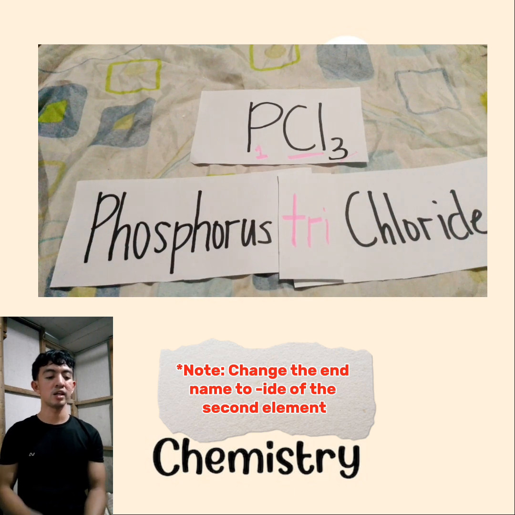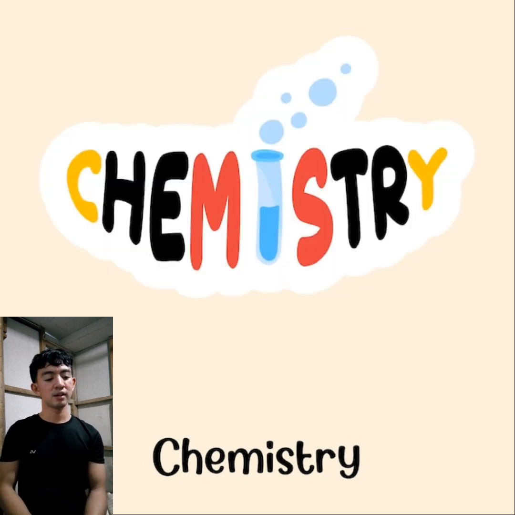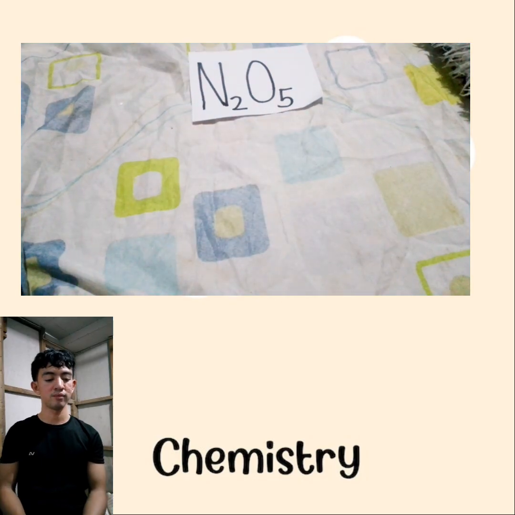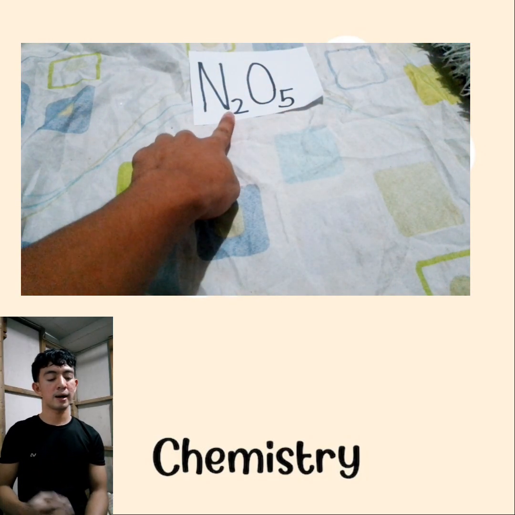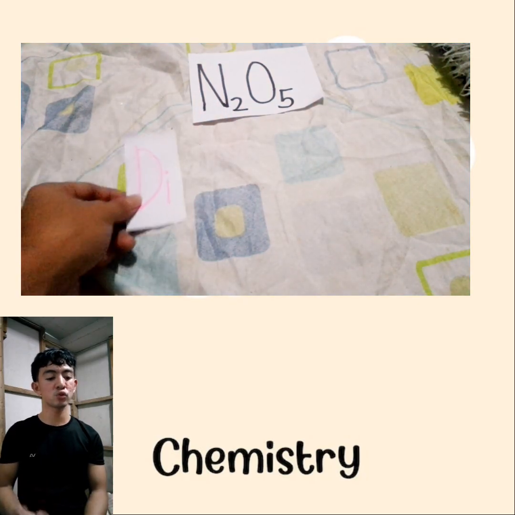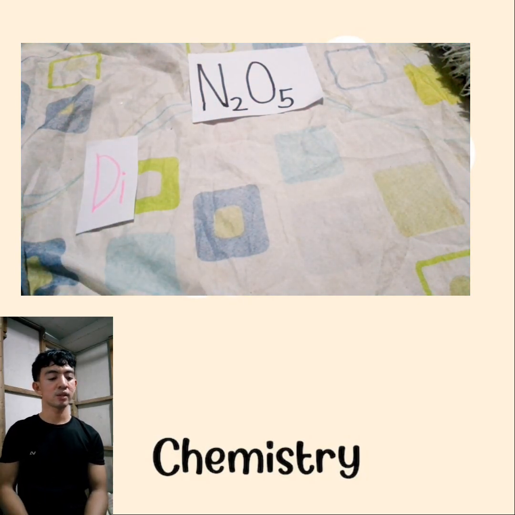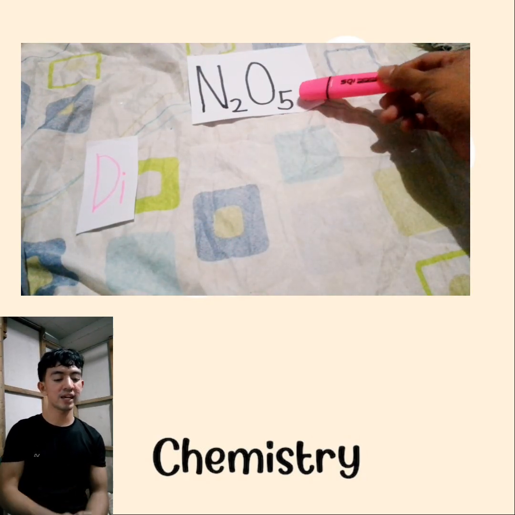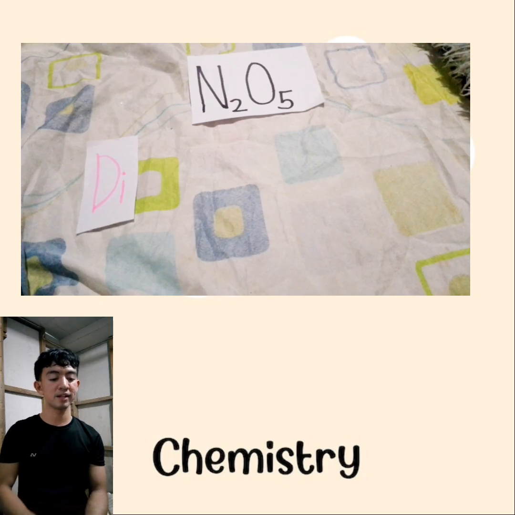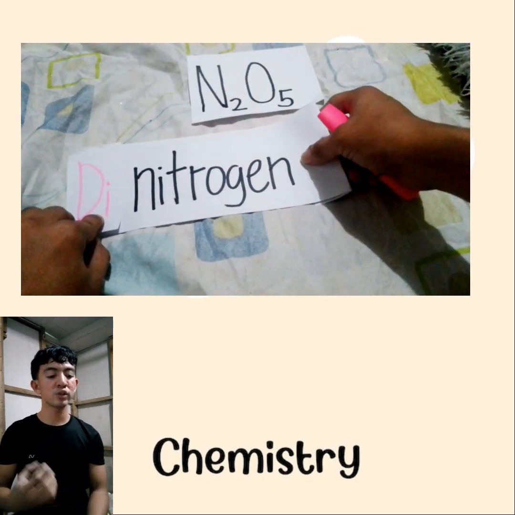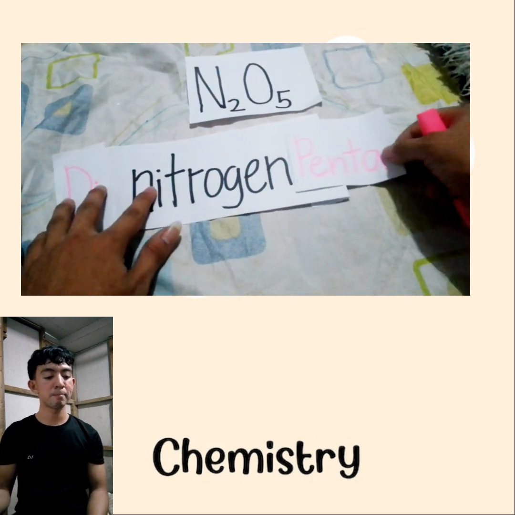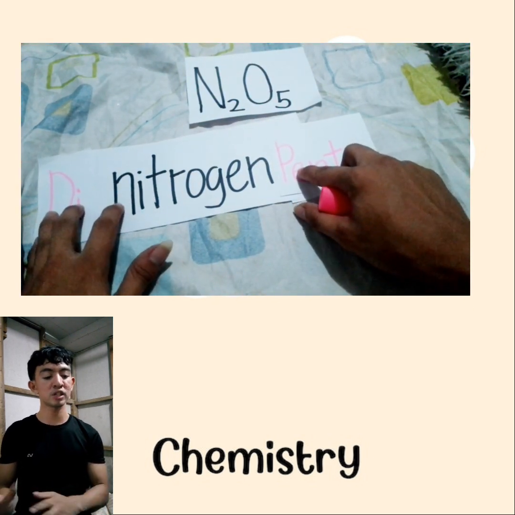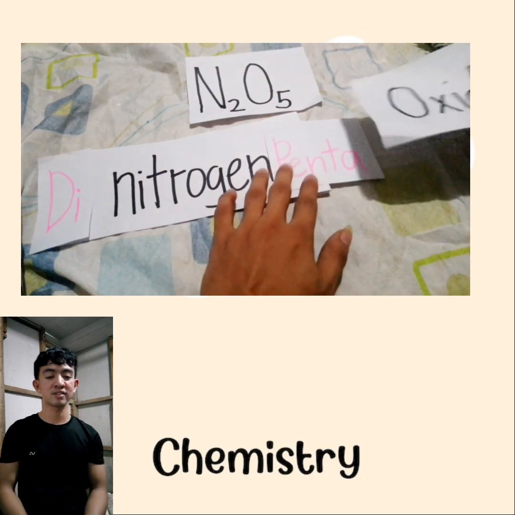Okay, moving on to the next sample, we have N2O5. Since the first element contains 2 nitrogen, we're going to use the prefix di. Then the second element contains 5 atoms of oxygen. Therefore, we're going to use the prefix penta. However, there is a special rule in this example.